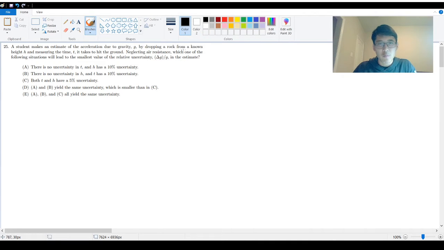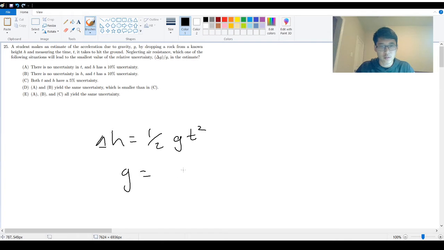So first of all, let's write down the equation to calculate g based on height and time it takes to hit the ground. Obviously, we would just use the kinematic equation delta h is equal to 1/2 a, well actually it would be g in this case, g t squared.